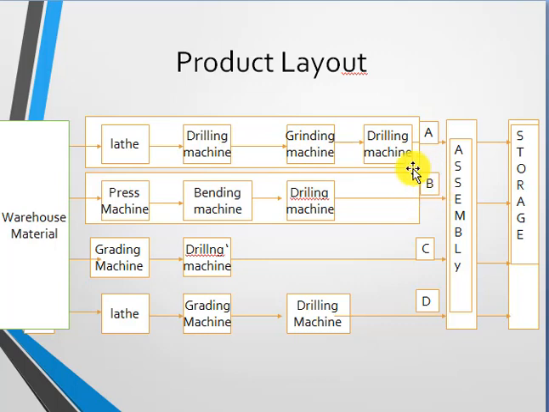But to produce product B, it requires 3 processes and 3 different machines, and the same applies to products C and D. They have different machines and also different processes. So the layout will be classified by the series of activities to produce a certain product.